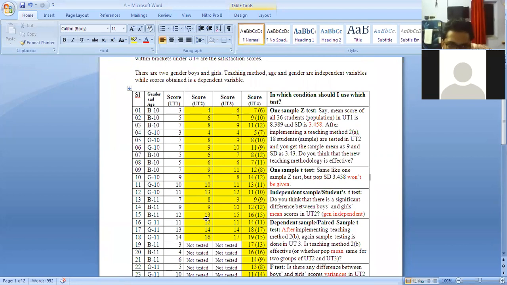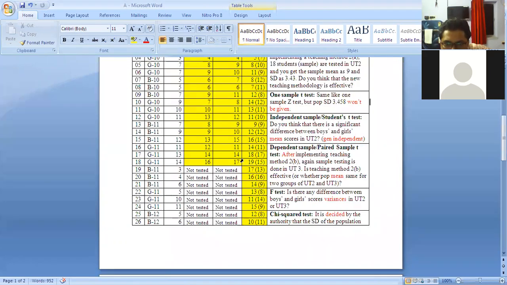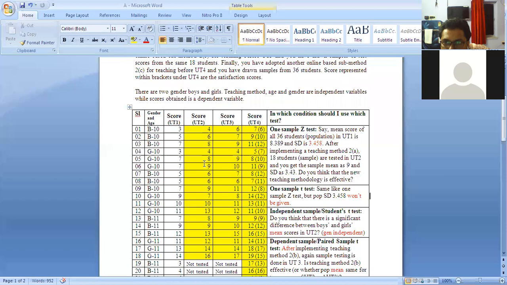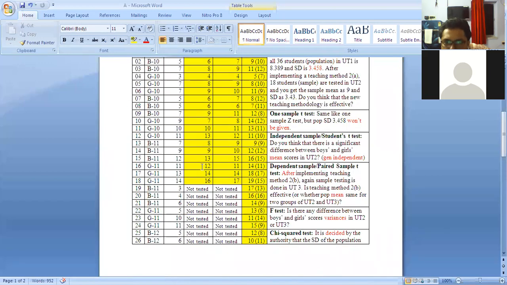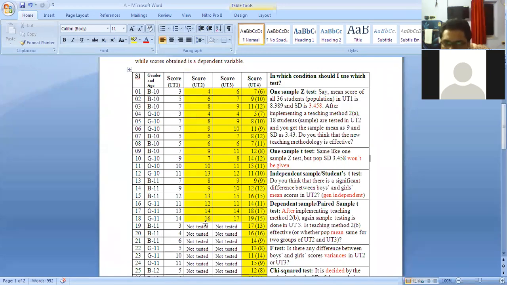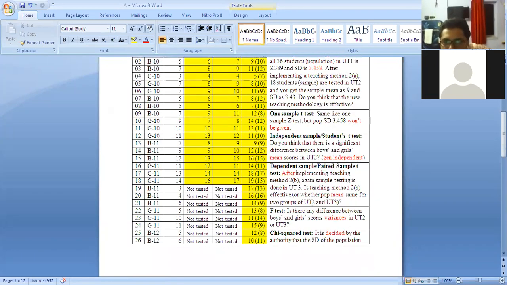So some boys and girls are there in unit test 2 and also some boys and girls are there in unit test 3. So is there any difference between the variances in unit test 2 and unit test 3? So that if you want to perform, then you will use F test.